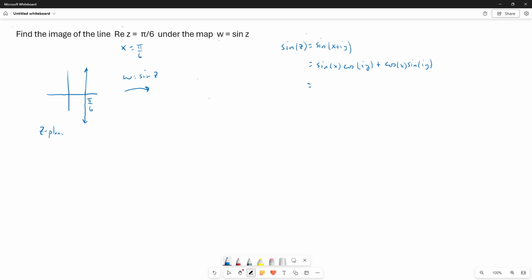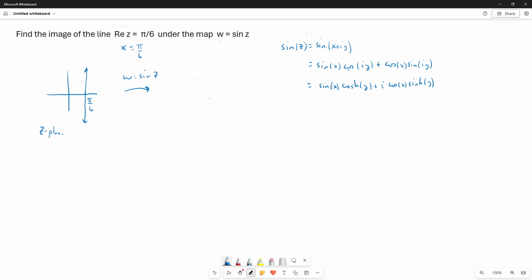And then we have to recall the cosine of iy and the sine of iy. The cosine of iy is the hyperbolic cosine of y. And the sine of iy is i times the hyperbolic sine of y.